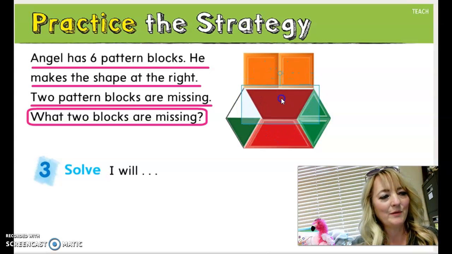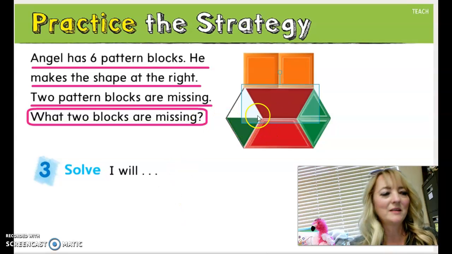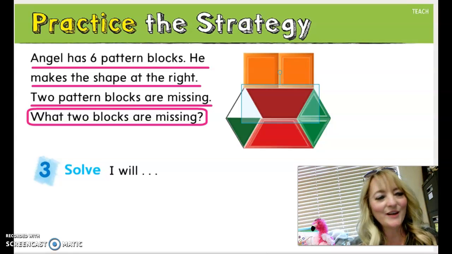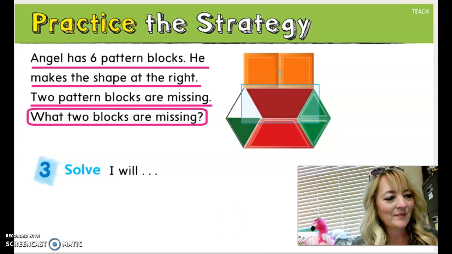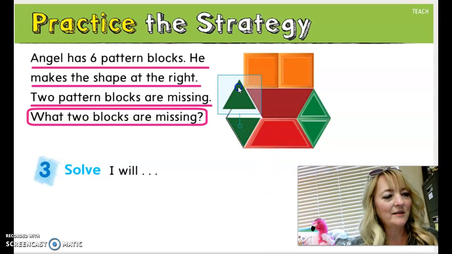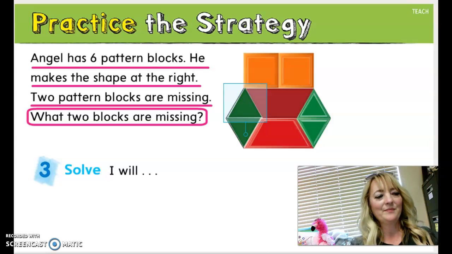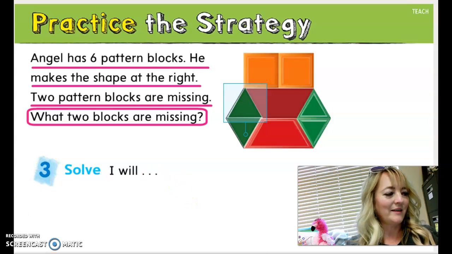Okay, then let's place it. That looks pretty good. So which shape do we have that we're missing? Obviously it's a triangle, 3-sided, right? 3 sides. There's our triangle. And that fits pretty perfectly in there. So we solved it.